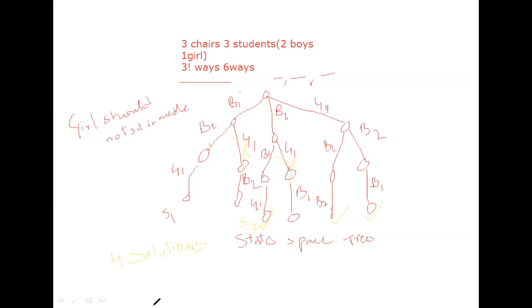Okay, clear students? So far clear or any doubt? Is this example clear? By choosing the constraints only, we have to make the decision.